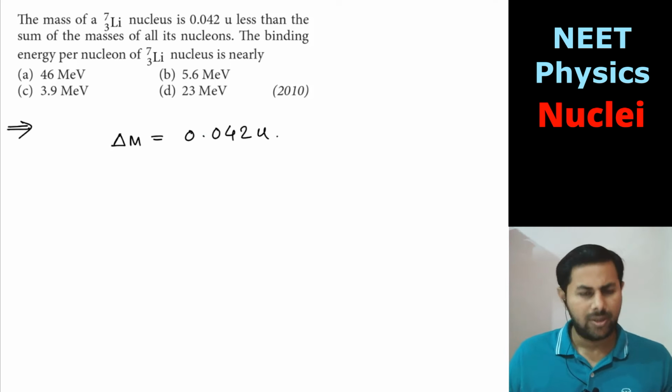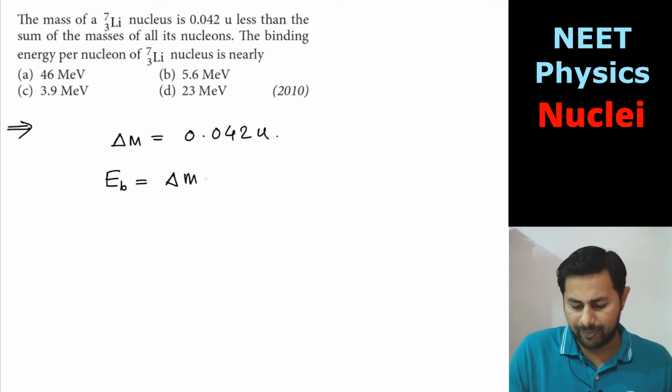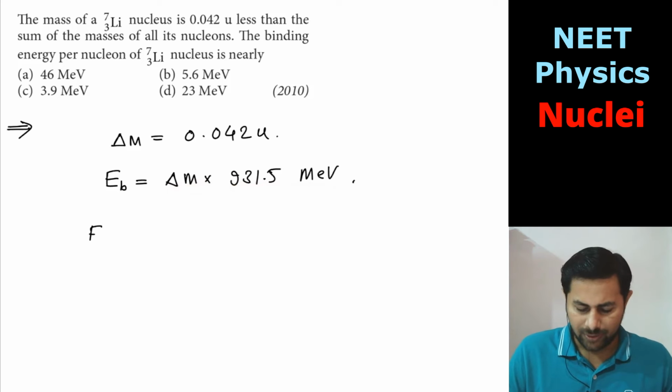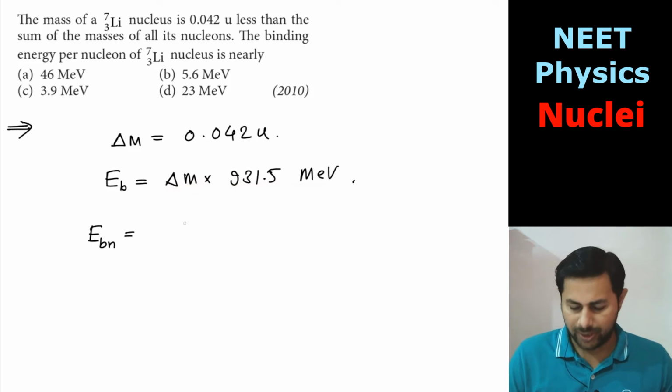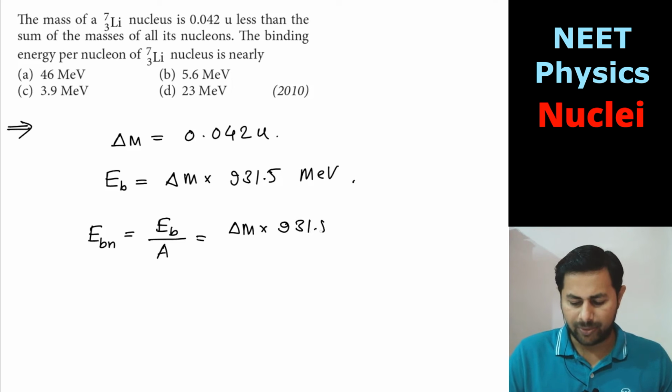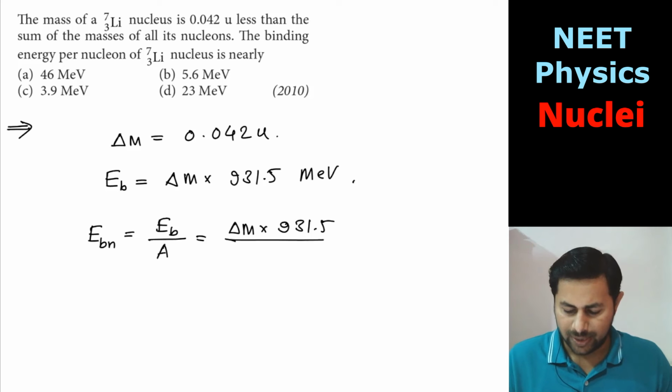EB is equal to delta M multiplied by 931.5 mega electron volts, right? That's simple. And you want binding energy per nucleon. So EBN, binding energy per nucleon, is just equal to EB divided by the number of nucleons. So that is delta M times 931.5, in mega electron volts, divided by the number of nucleons. Okay, A.